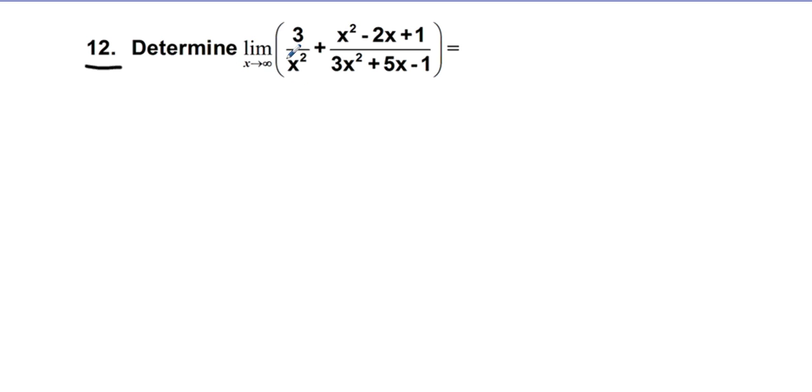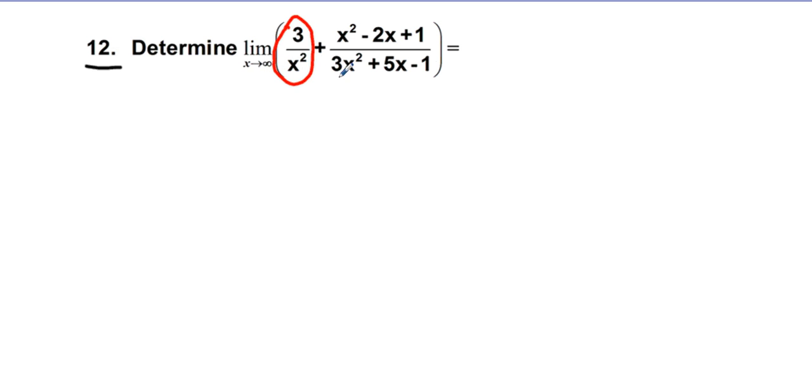Now, limits to infinity ask: if x goes toward infinity, what does the value of this expression tend to get real close to, infinitesimally close to? As far as this piece right here, 3 over x squared, what happens to its value as x approaches infinity?